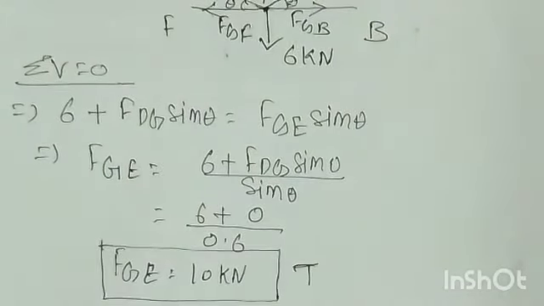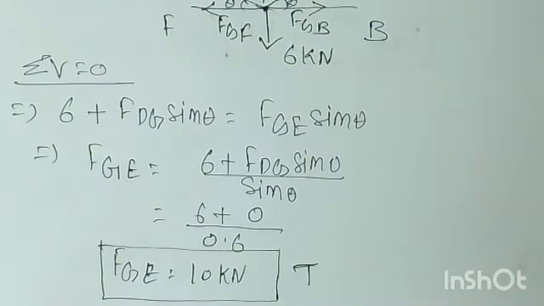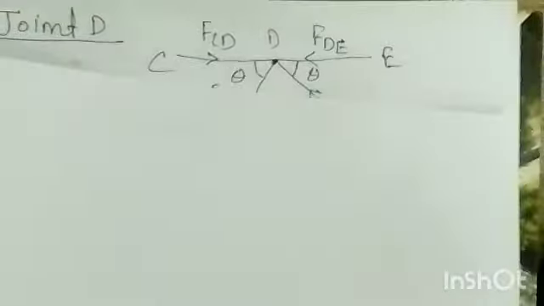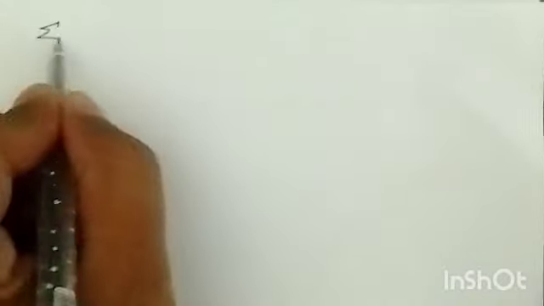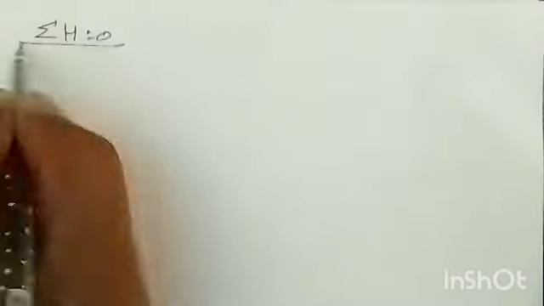Now then we can find out the horizontal component. So now we can say, then we can write down the horizontal component, that is summation of H is equal to 0.